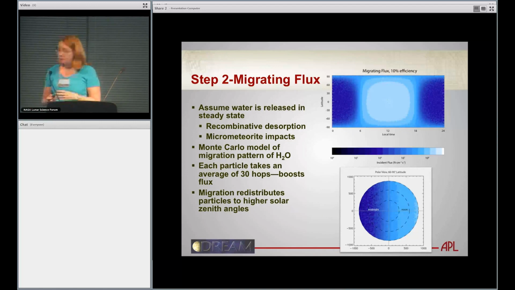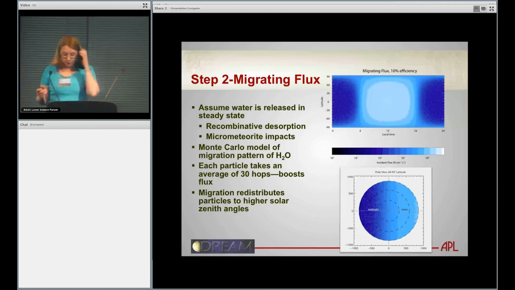So we assume that water is released, and that could happen through a process like those studied at Georgia Tech by Michael Poston and Greg Greaves, recombinative desorption, or perhaps micrometeorites release water that was stored as OH in the soil.